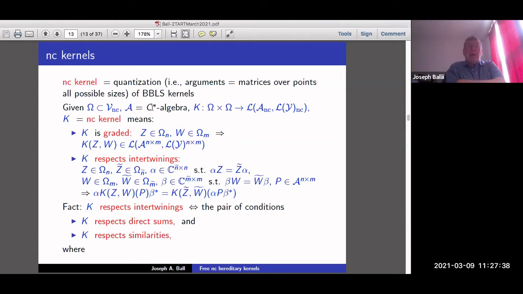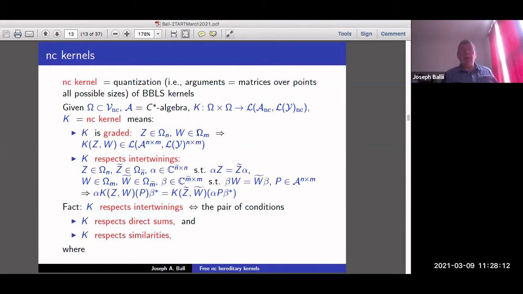A is a C-star algebra, like we had for BBLS kernels. Then our kernel swallows two arguments from omega, and the result is an operator from A NC to L of Y NC, whereas for BBLS, we drop the NC. So the NC means you're taking matrices. And in this case, you're taking actually rectangular matrices.